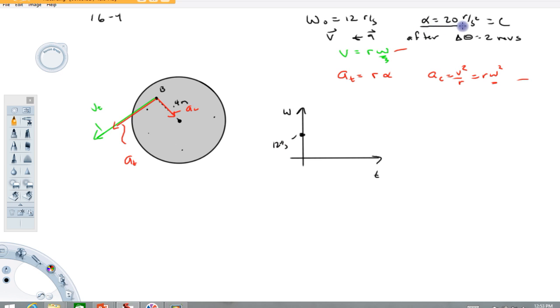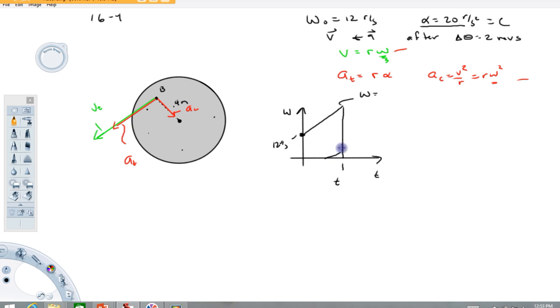It's got a positive slope, and this is going to go out to some time, which right now I don't know. But since we know the slope, you should be able to find an equation for this line. Keep in mind the intercept is 12 and the slope is the angular acceleration.